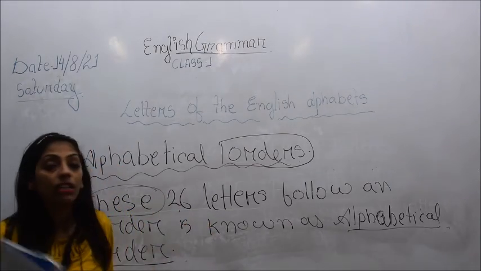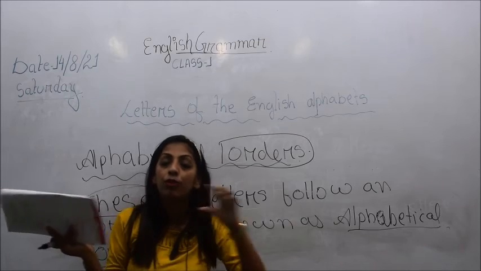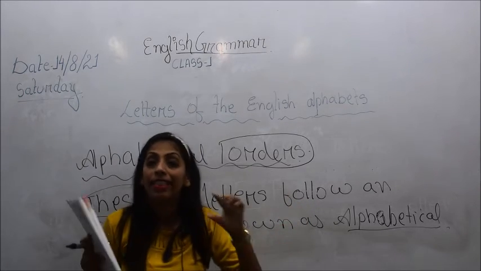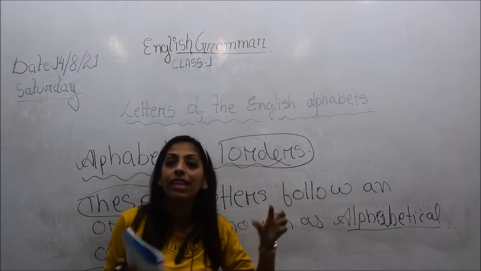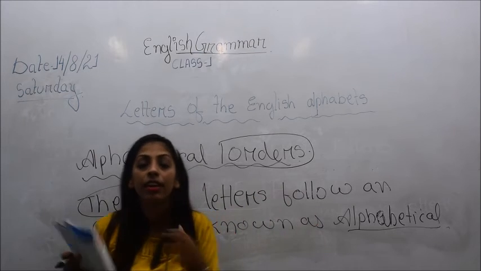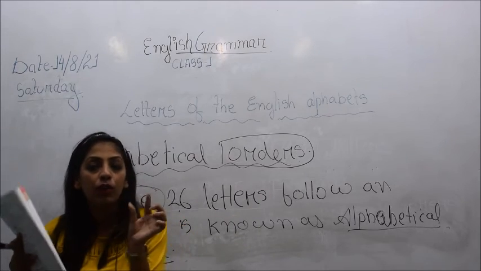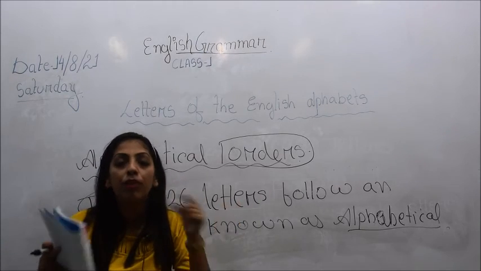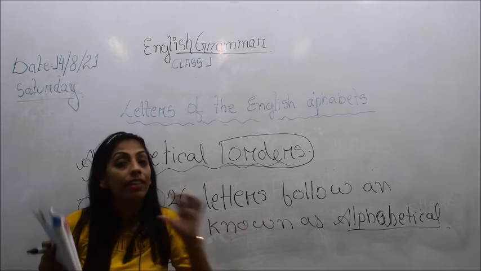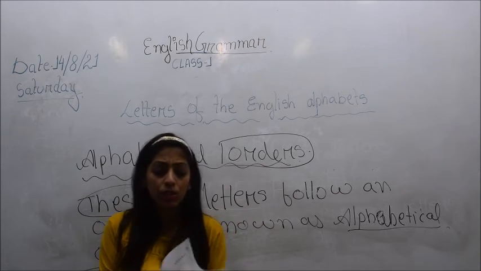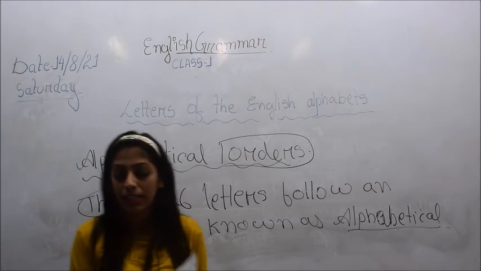The English alphabet follows a sequence, a proper order, and that order is called alphabetical order, because the alphabets from A, B, C, D are following a proper order one after another. So children, I hope up to here it's clear, right?